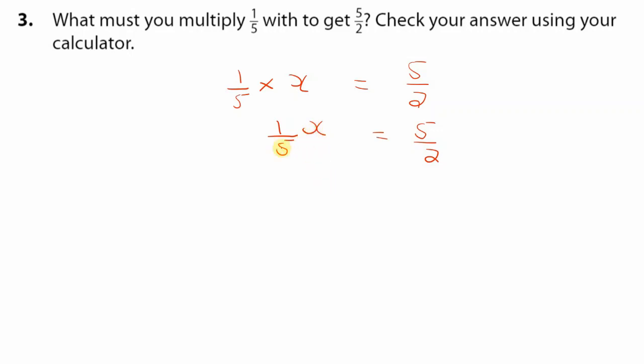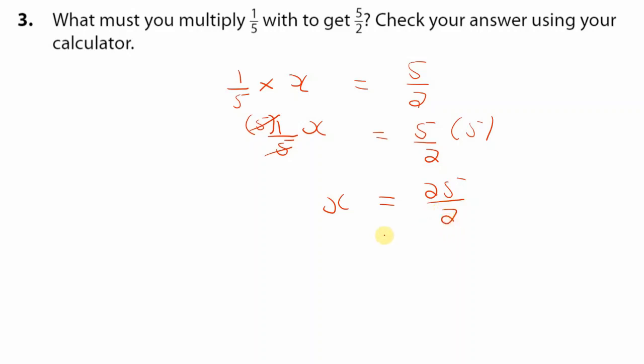We only want x, so how do we get rid of this 5? We multiply by 5, so that it cancels out. So what we do to the left, we do to the right. Now we can multiply tops. 5 times 5 is 25.